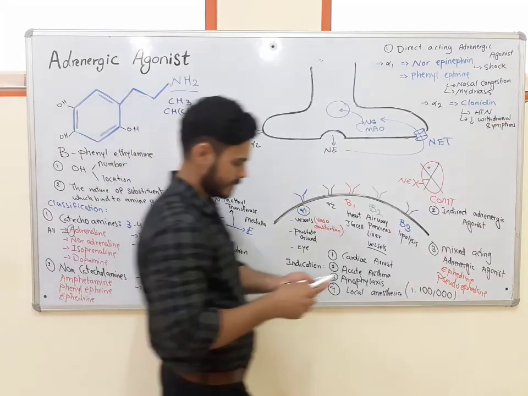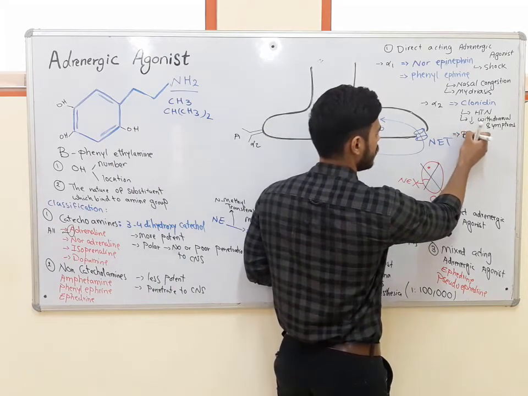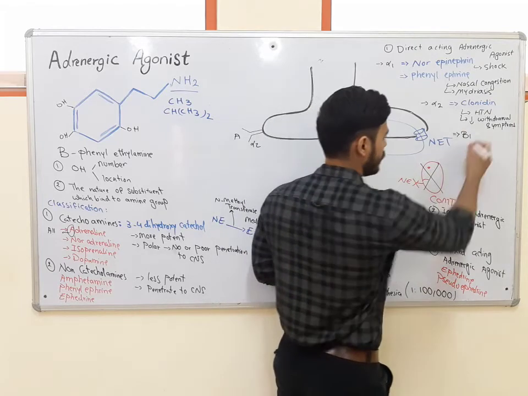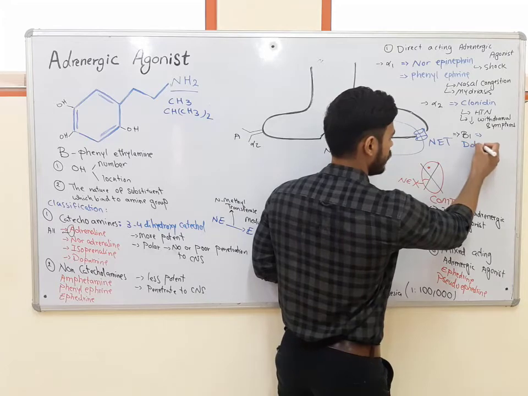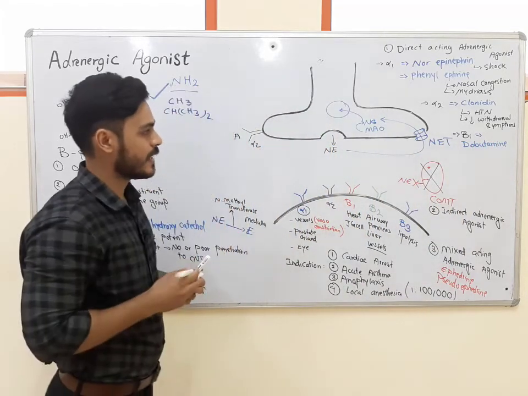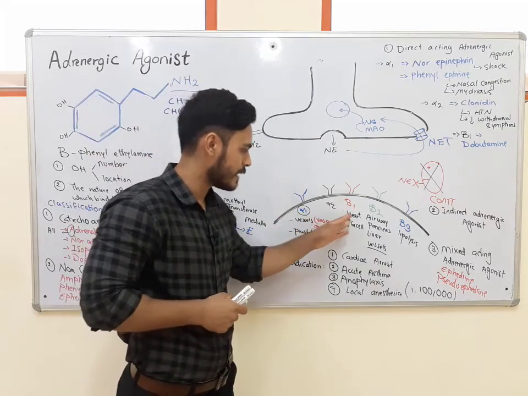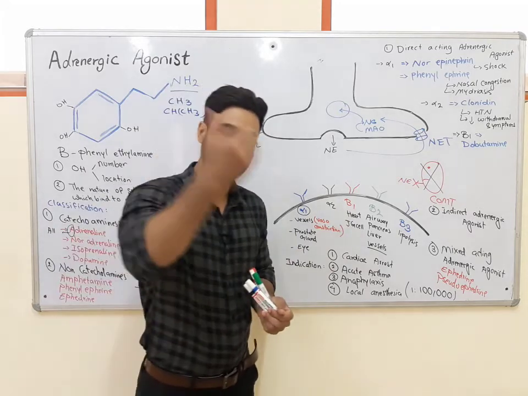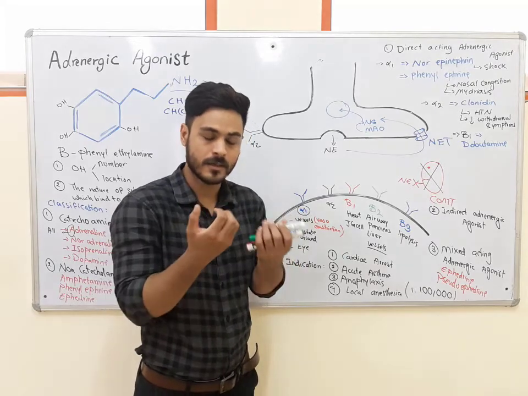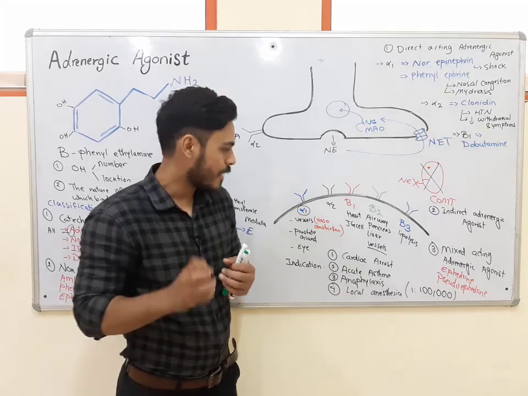We have drugs which are selective for beta-1 receptor, and the drug which is selective for beta-1 receptor is dobutamine. Let me just explain the mechanism of action of dobutamine. It binds to beta-1 receptor, it stimulates the heart, it increases the force of contraction, it increases the heart rate, as well as it can increase the cardiac output.